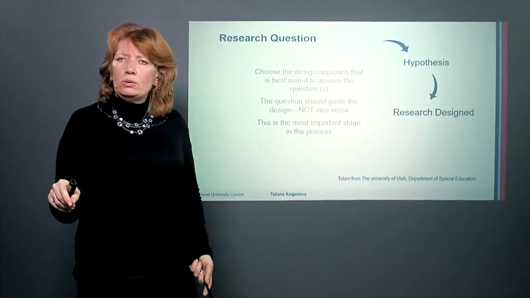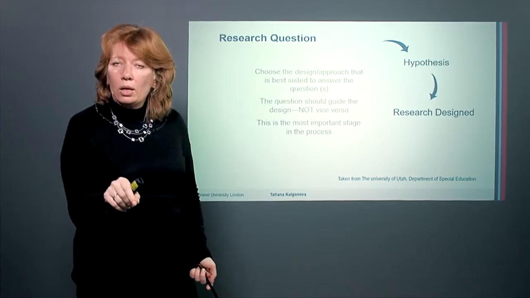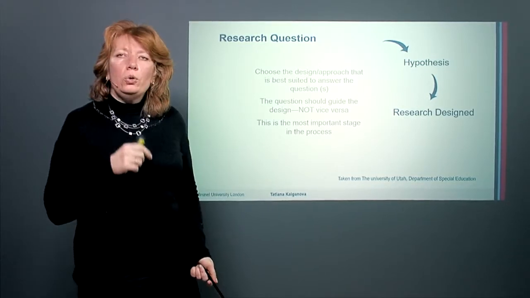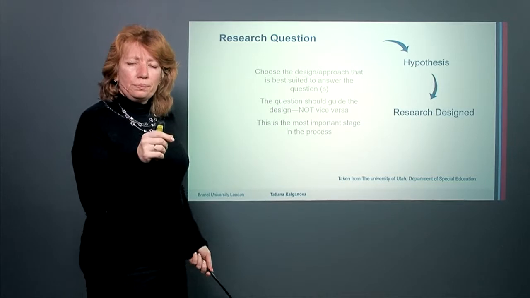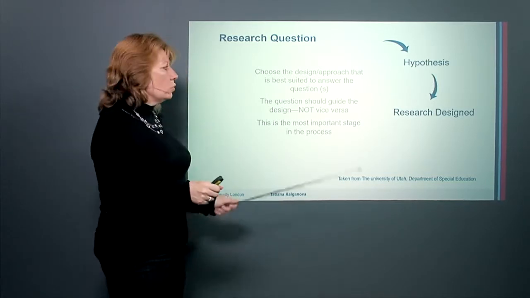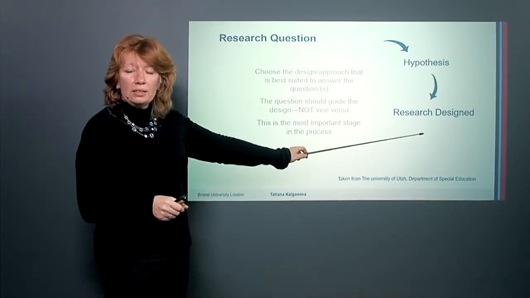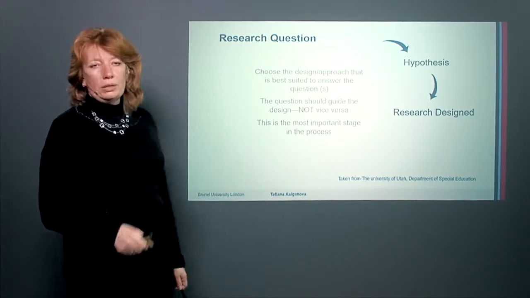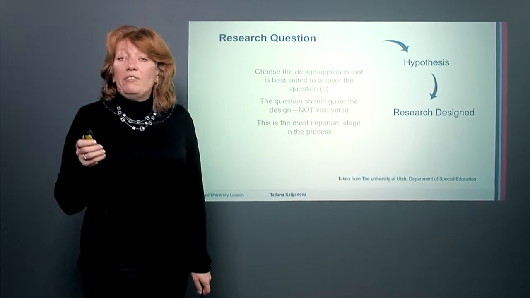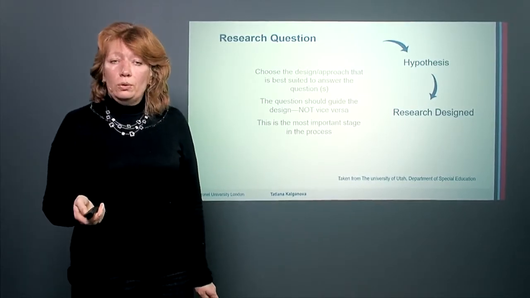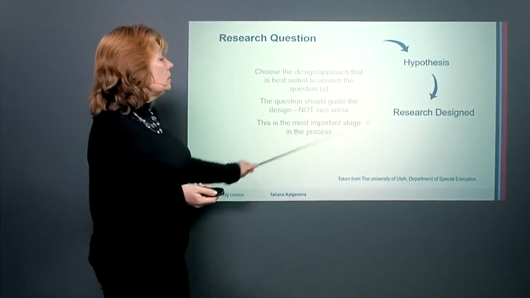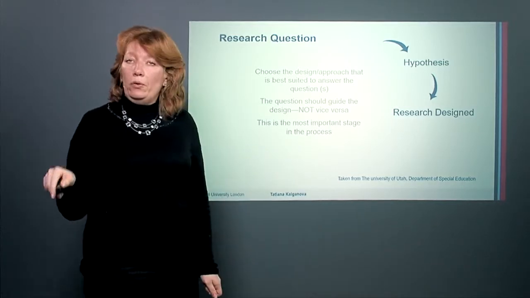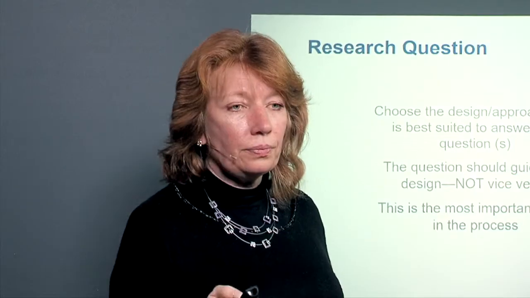And if you understand what exactly needs to be done, you will be very powerful and strong to explain why you're doing this, and you will find answers to this question much faster. And this is one of the most important stages of your process, because this is where you make the decision how you are going to do research.